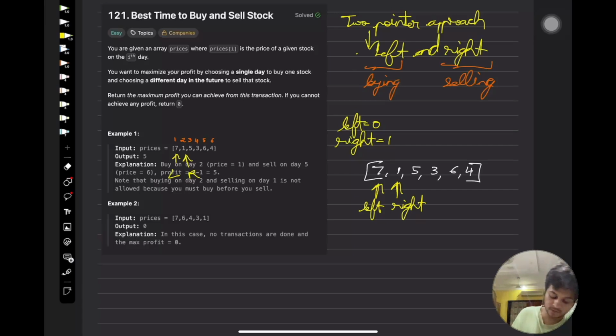So this is the day when the person buys, and this is the day when the person sells. So I'll iterate this through the entire length of the days.